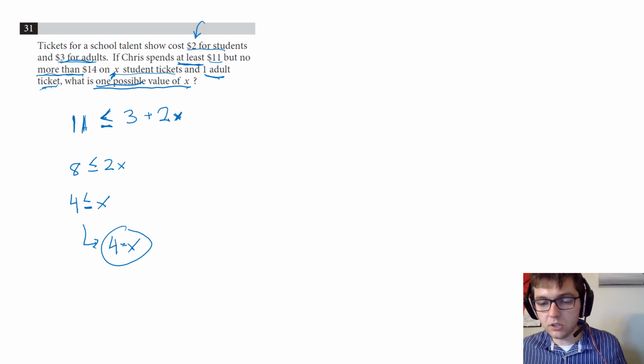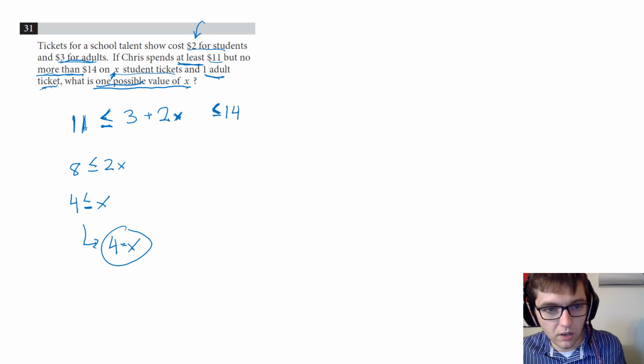If for some reason you thought about this the other way, on the other side of this inequality, again, you could be done right here. I'm just completing it in case you approach this a different way. But you could also say, okay, $14, he spent no more than $14. So 14 is the upper bound, right? Again, equal to or no more than.